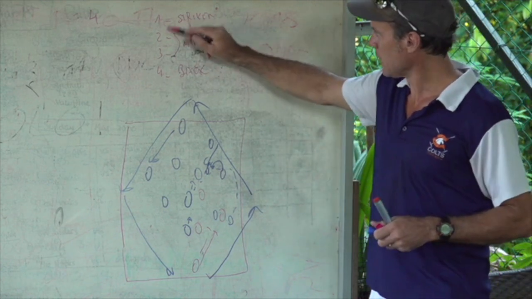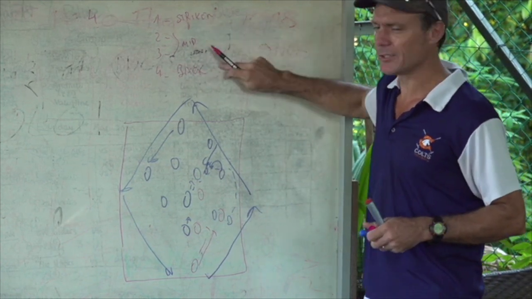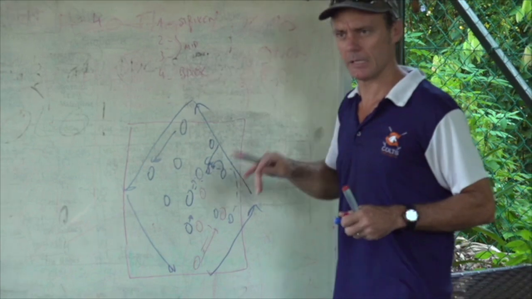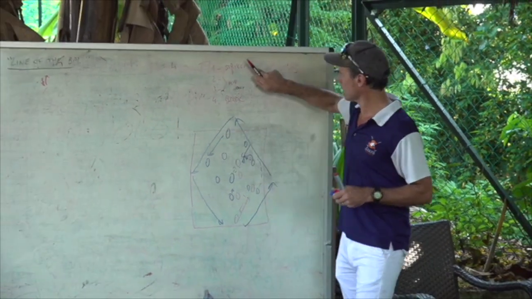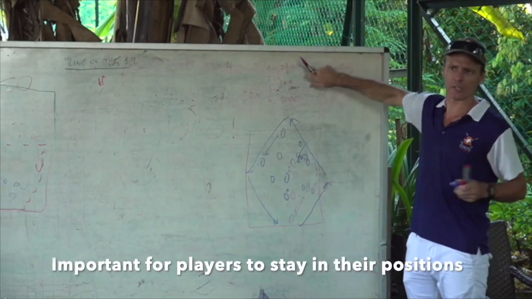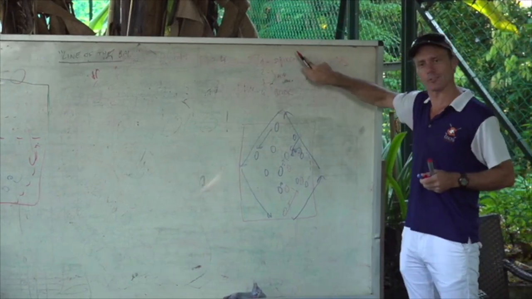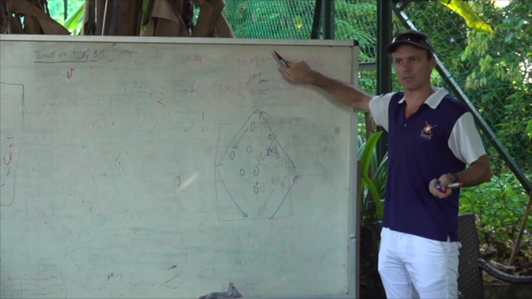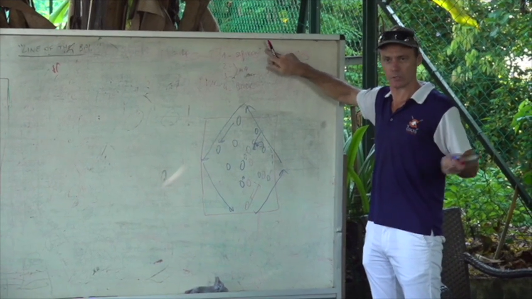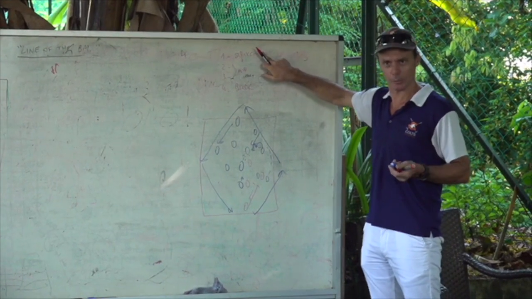But back to the positions, it's important that you stay in your positions. Why? Even if you're number 1, you may think this guy has the least responsibility. Okay, he's there at the front, he has no defensive responsibilities. But if this guy is not up there, you're never going to strike a goal. So this guy can lose a game by not doing his job.